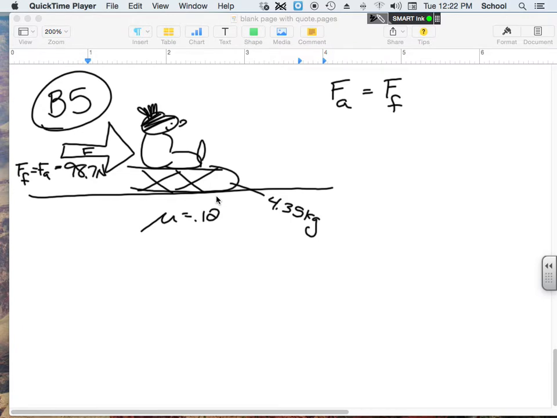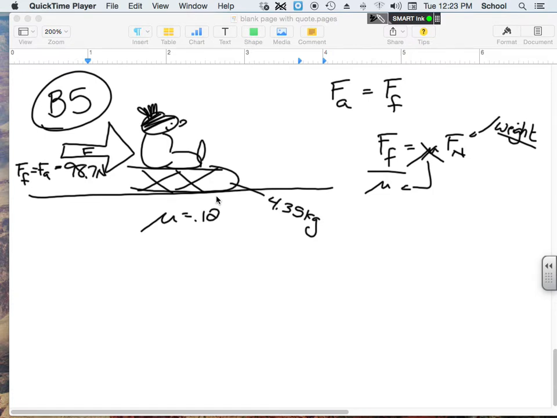So if I have FF and I have mu, I know that FF is equal to mu times the normal force, which is equal to the weight when I'm on a horizontal surface, which I am here. So I could find out what the weight of both her and the sled together are.